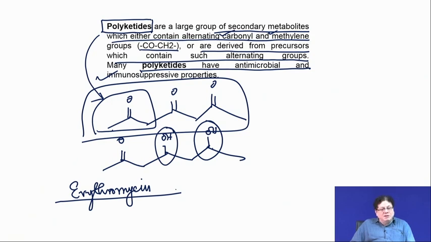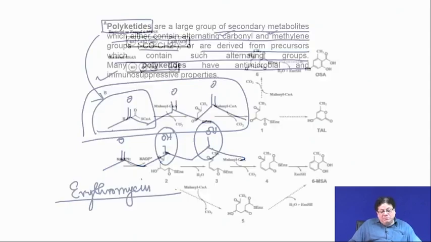Today erythromycin has lost most of its potency. So, this is the first generation. After erythromycin came roxithromycin, and then roxithromycin was replaced by azithromycin. Today azithromycin is prescribed, but all are based on the skeleton of erythromycin. Okay. So, we will take erythromycin as our example.